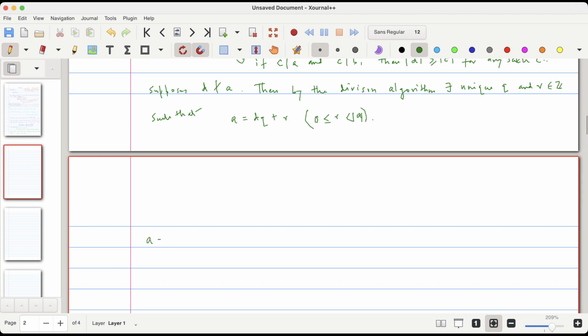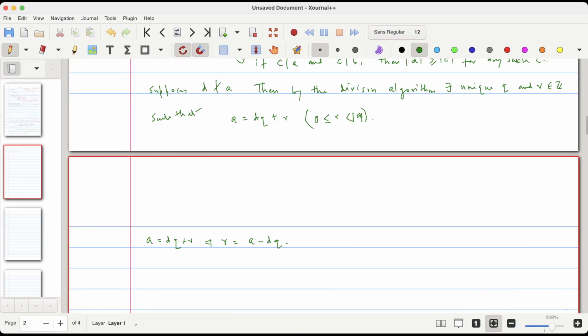So if A equals DQ plus R, it implies R equals A minus DQ, right? Give it a little time to sink in. Okay, fine with it. So we can write this as, write it one after the other if you want to.